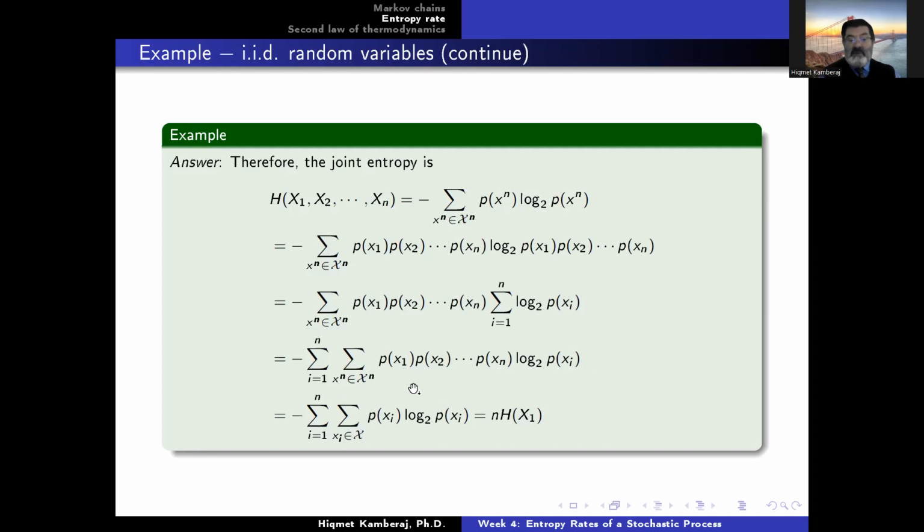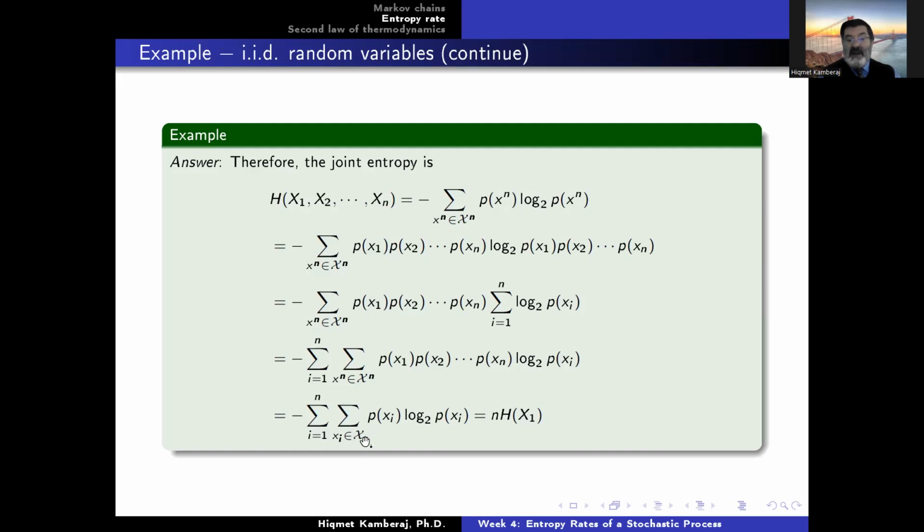Now, we can notice that the log with base 2 of p of xi depends only on xi. It does not depend on x1 up to xi minus 1 or xi plus 1 up to xn. So what I do is split the second sum into two sums. One is over x1 up to xi minus 1 and xi plus 1 up to xn, and the other is simply the sum over xi from chi.